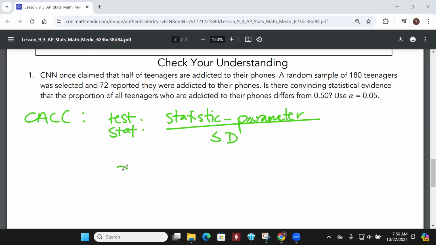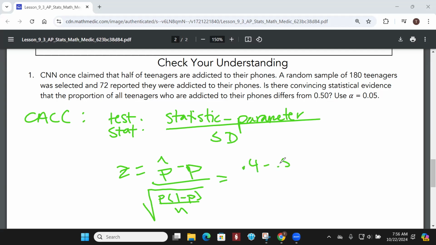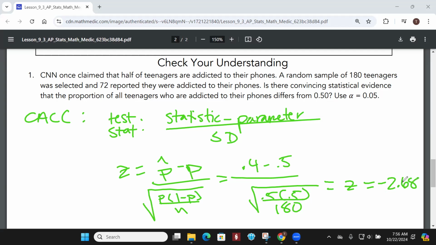So we get z equals p-hat minus p divided by the square root of p times 1 minus p divided by n. We plug in 0.4 minus 0.5 divided by the square root of 0.5 times 0.5 divided by 180. And that gives me a z of negative 2.68.